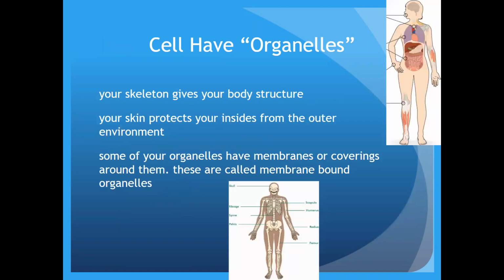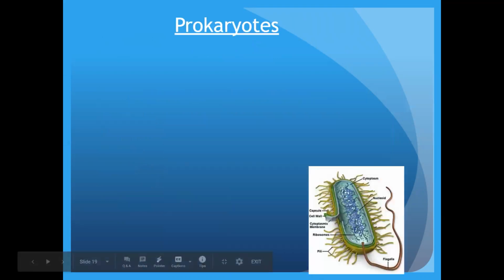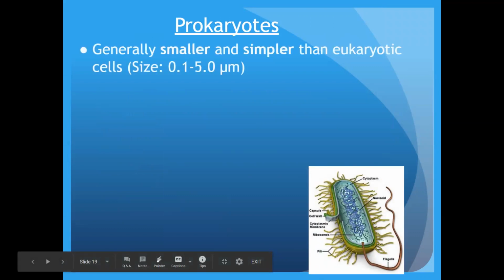Just like your skeleton gives you body structure, or your skin protects your insides from the outsides, some of your organelles have membranes or coverings around them that help to protect them too. These are called membrane-bound organelles. Membrane-bound organelles are organelles that have extra coverings around them.